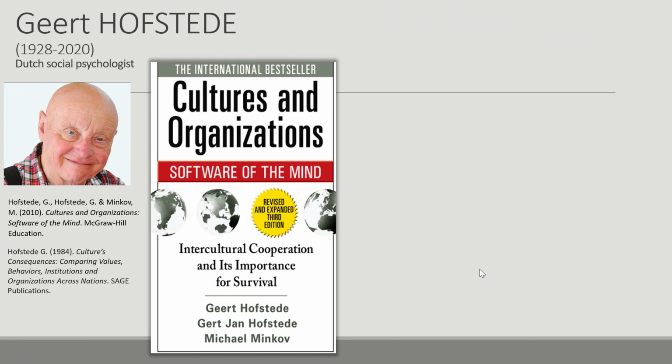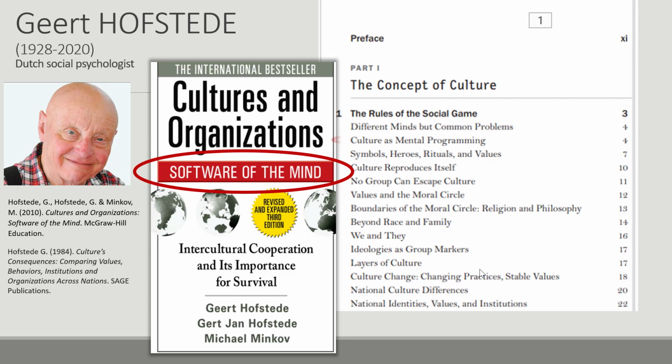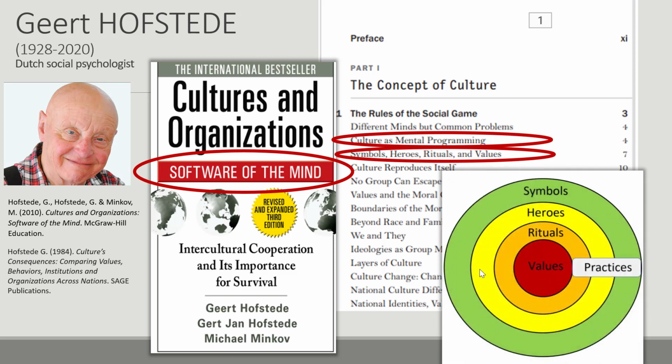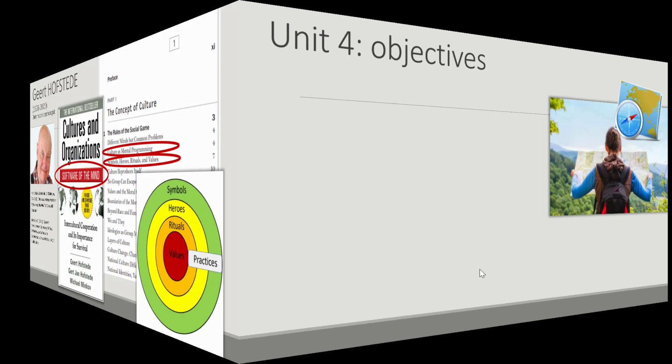The famous Dutch social psychologist Geert Hofstede goes even further. He calls culture a software of the mind which is responsible for mental programming. According to Hofstede, culture is something that programs our behaviors and practices through universal mental patterns such as symbols, heroes, rituals, and values.